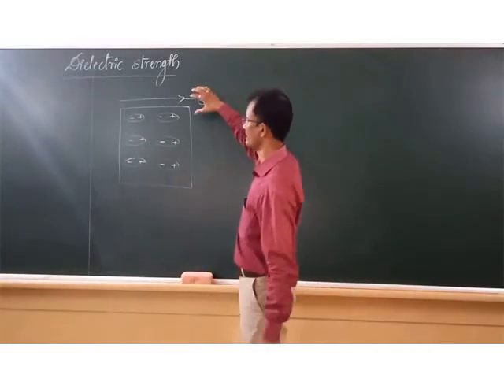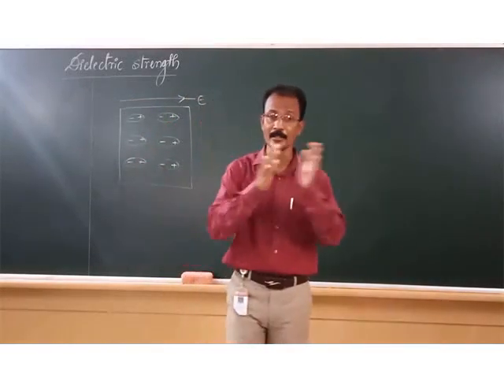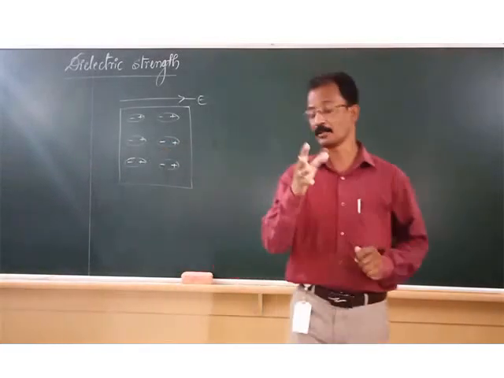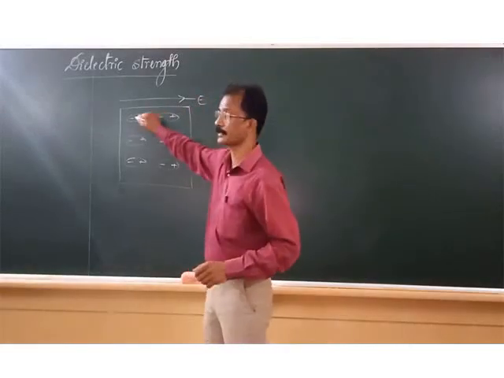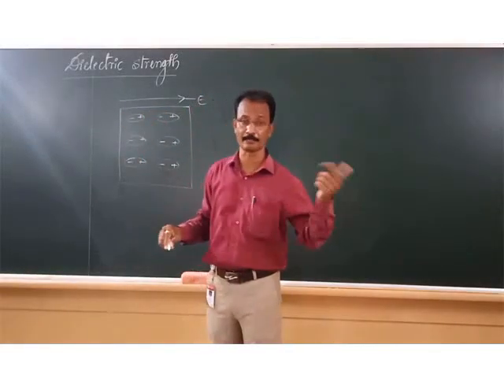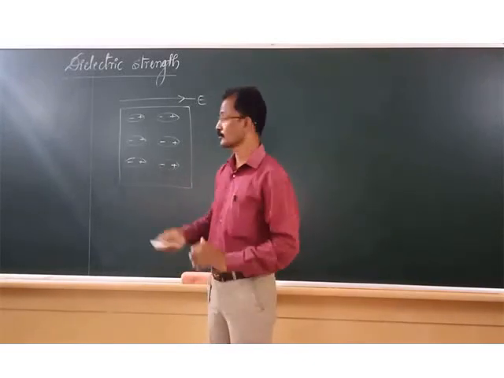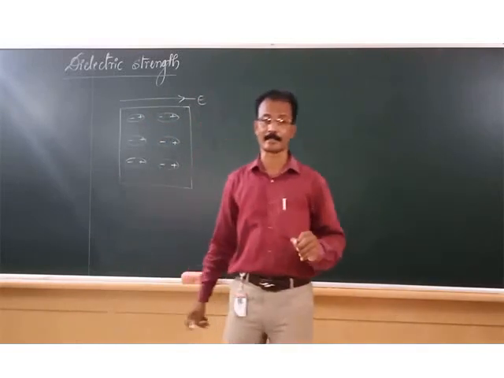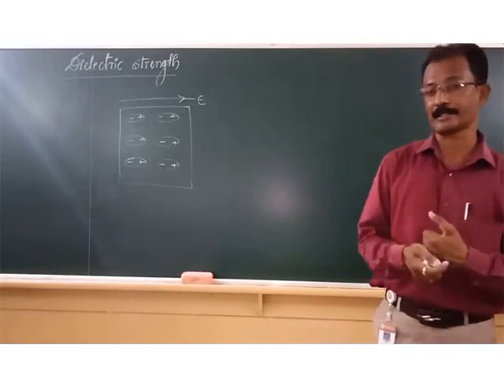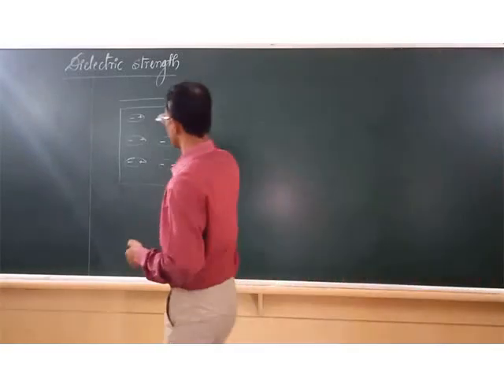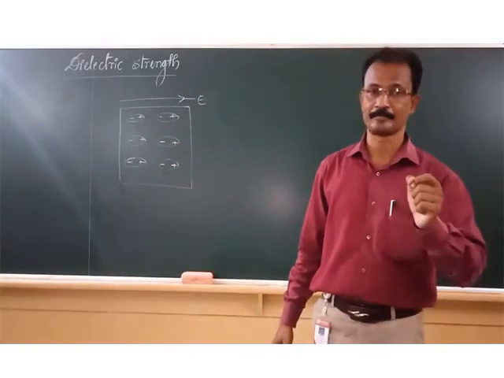If we increase the applied electric field further, the molecules stretch further. At a particular value of the applied or external electric field, the electrons in the molecules detach from the molecules and become free electrons. So if you stretch the electrons inside the molecule too much, they detach from the molecule and come out. Once the electron comes out of the molecule, it becomes a free electron.